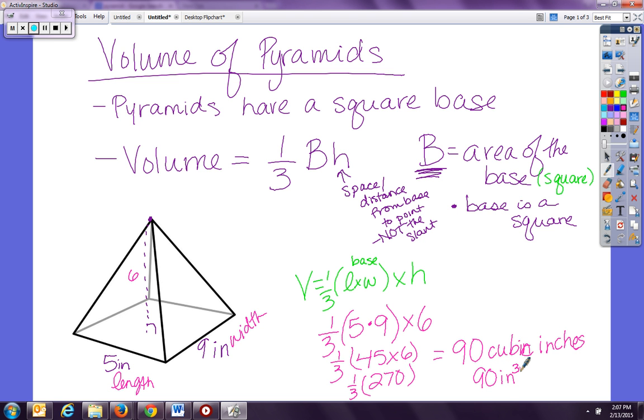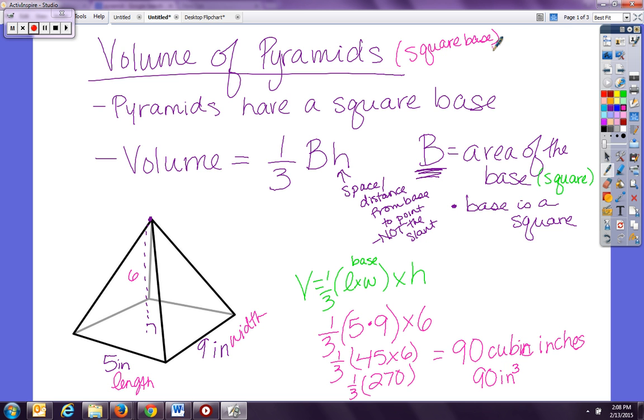Okay, so that means inside of this pyramid, I would fit 90 inch by inch squares. Okay, so that's how we find the volume of a pyramid. Make sure that we understand that a pyramid has a square base. They call it a triangular pyramid if it has a triangular base.